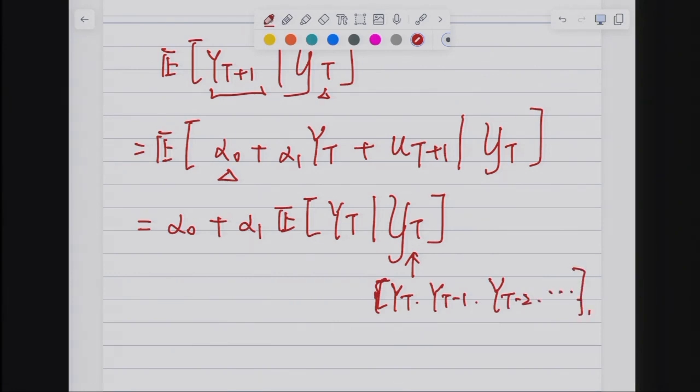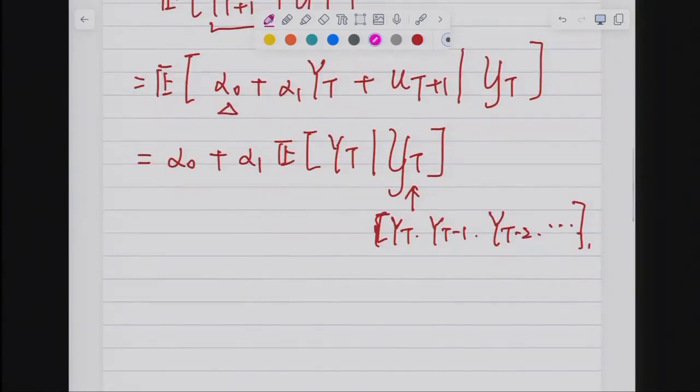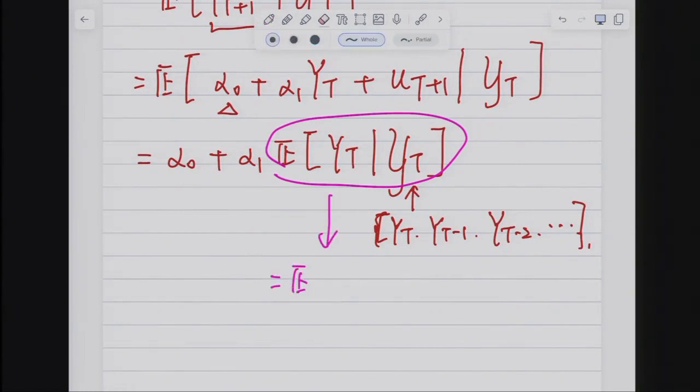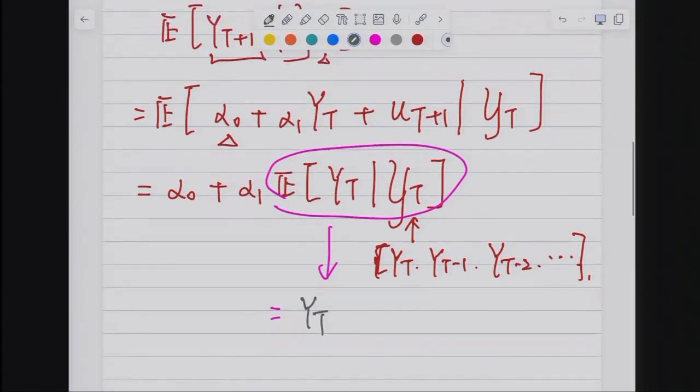Which means the middle conditional expectation must equal the last observation of the sample itself. This is just y_T, okay? And again, u_{T+1} is in the future relative to all information captured by this curly y.